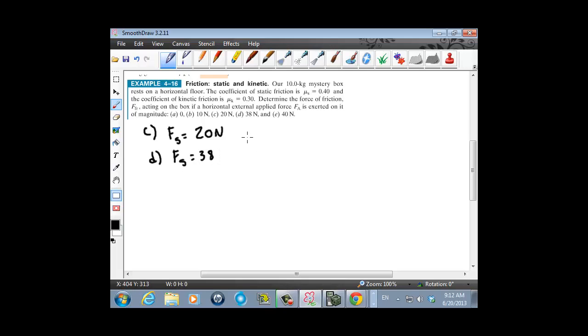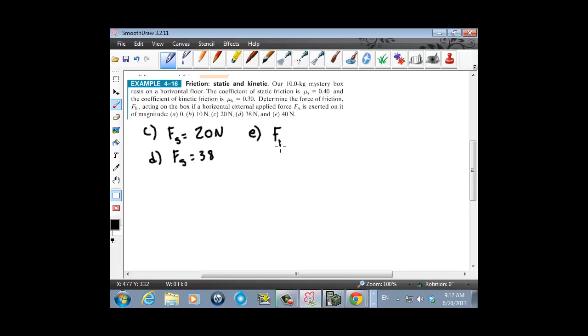Okay, so now let's do part E. So now things change. Do we have enough force to overcome the static friction? Indeed we do. So what kind of friction do we have? Kinetic. We have kinetic friction.